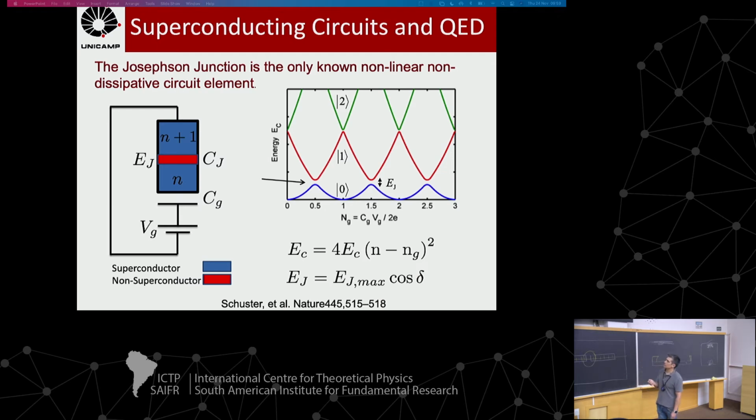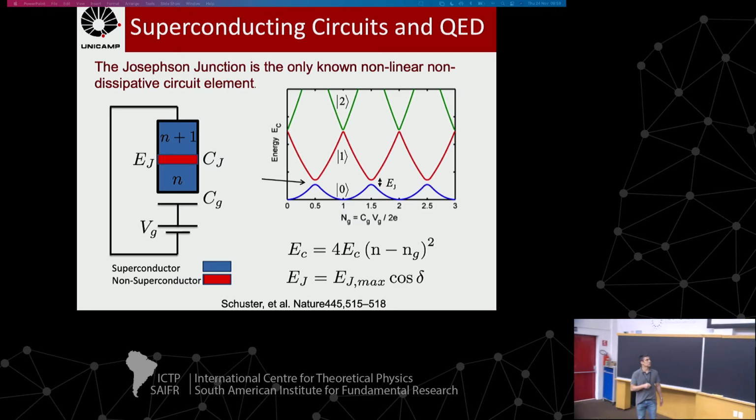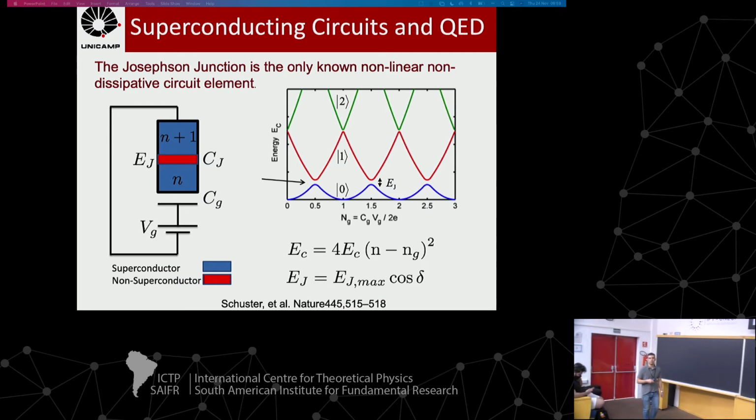Here we define Vg. Put this junction in this region, and you can use this small gap as your qubit. That's the first way the guys did that. Nakamura used this kind of device to make this Cooper pair box. It was one of the first qubits using superconducting devices.